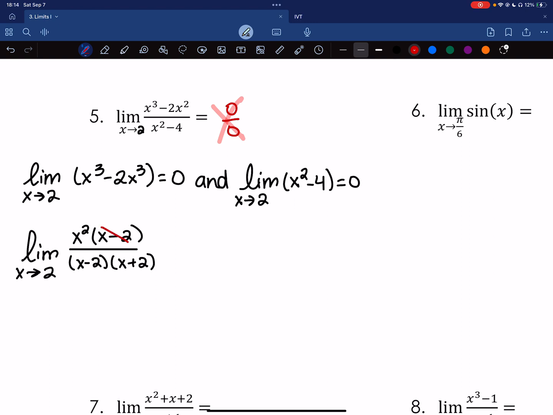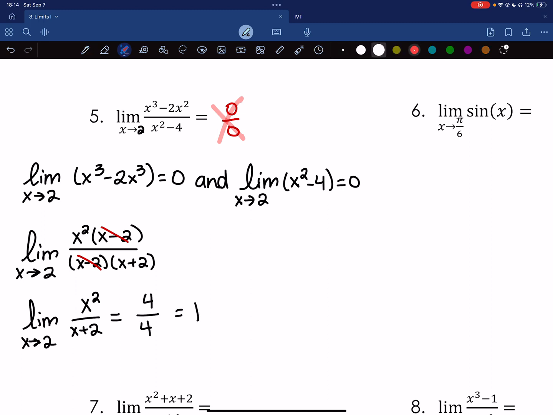So the x minus 2's cancel out. I'm left with the limit as x approaches 2 of x squared over x plus 2. I do direct substitution. I get 4 over 4, which equals 1.